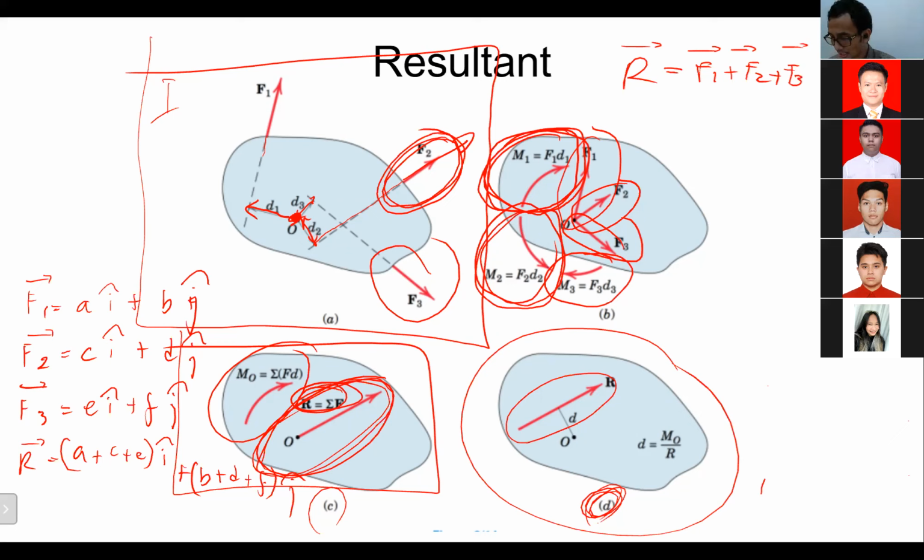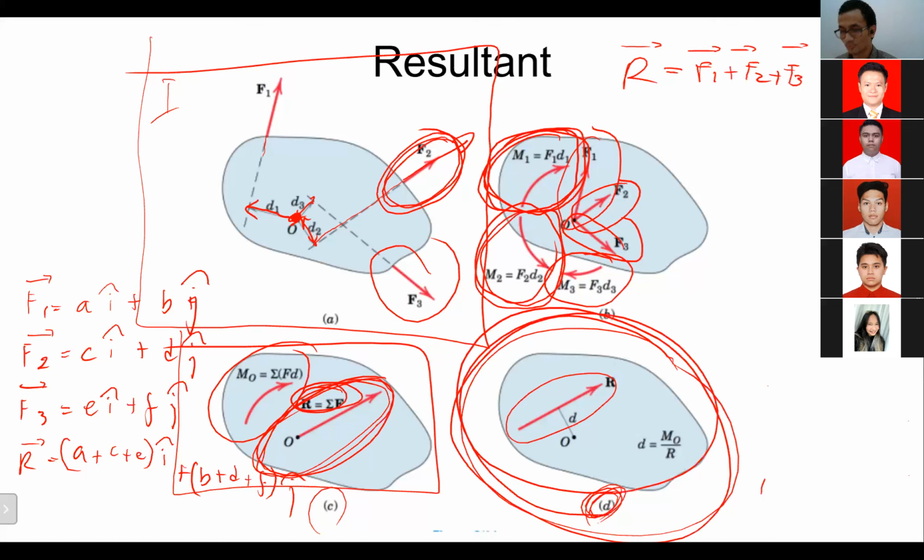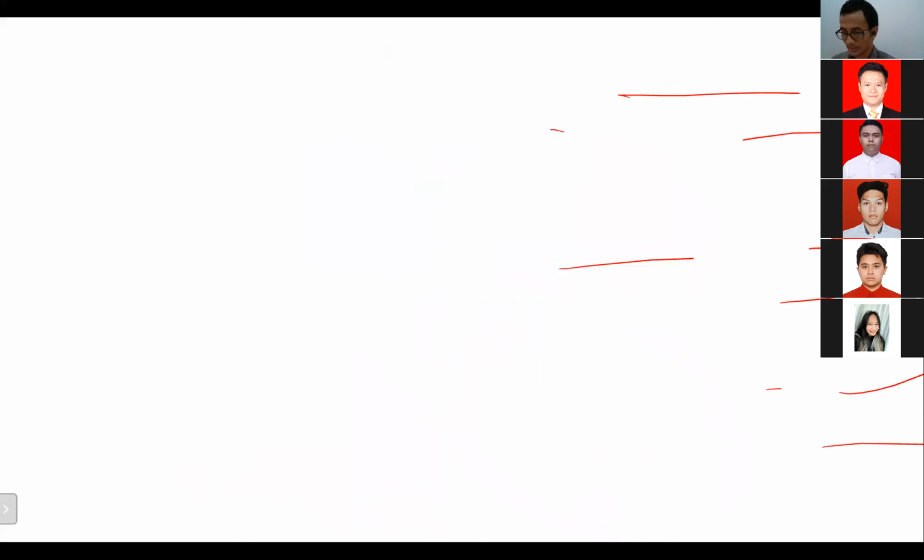Okay, so if we do it the opposite way, if we process it the same as what we did before, by moving the force to point O, what we will get is exactly the same: force and couple like this. So if the process is opposite, we have R here, just one force.